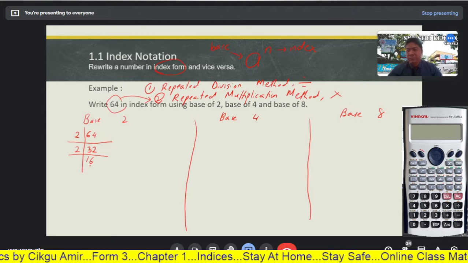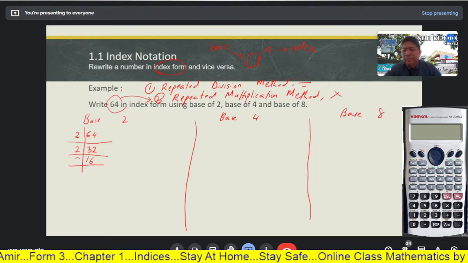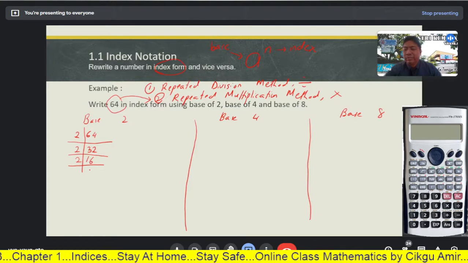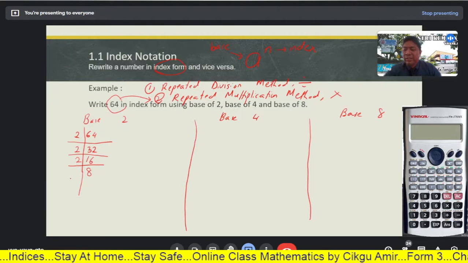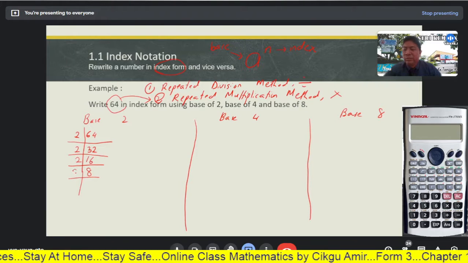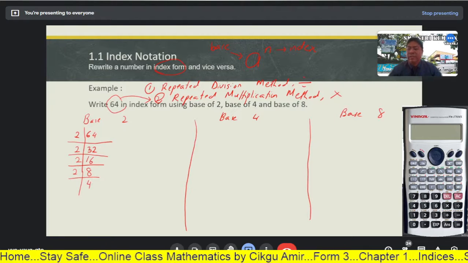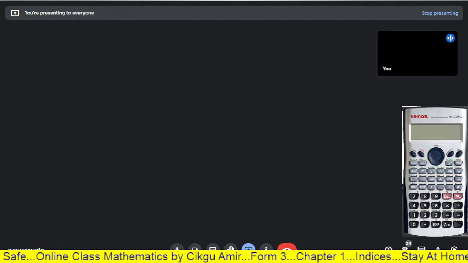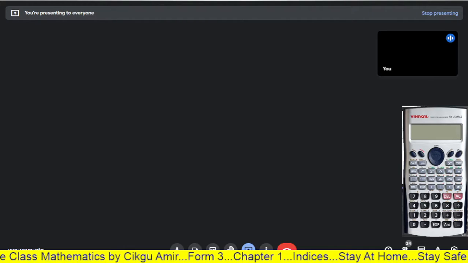Divide by 2 again. 16 divided by 2 is 8. Divide again by 2. 8 divided by 2 is 4. Divide again, 4 divided by 2 is 2.